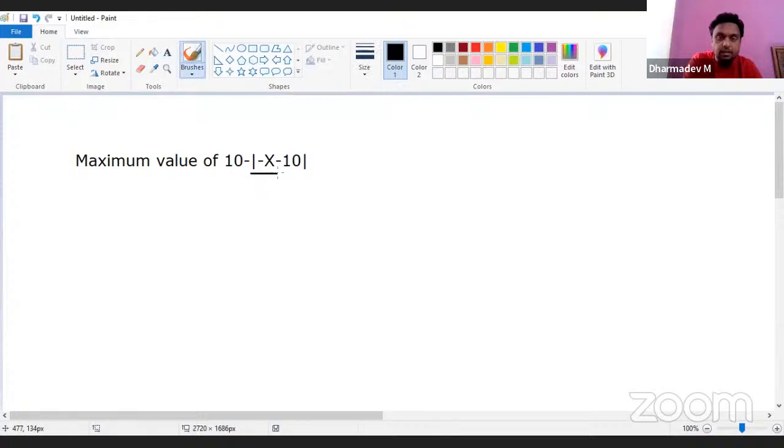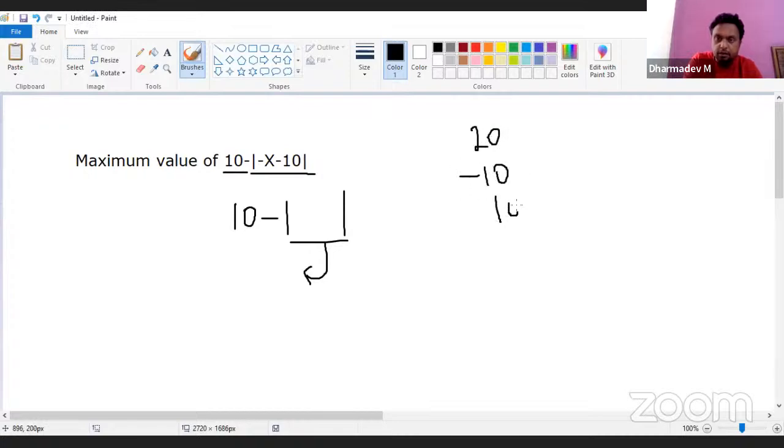So in this case, I have 10 minus modulus. Whatever I put in the X value, if my answer inside is negative, I will write it as positive. So let's go with the options. Let's take 20 minus 10, 30.